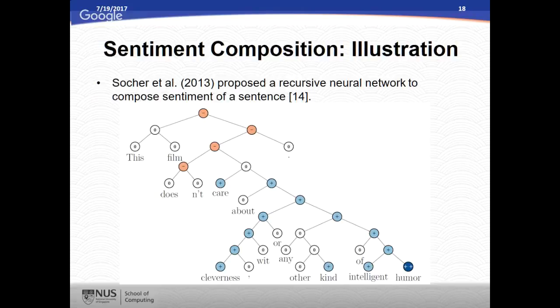If you are using some kind of rules, like if negation is followed by a positive word, then change the polarity, that might not work in this case, because this not is far away from intelligent humor. But if you have a dependency parse tree like this, then you should be able to understand that at the root, it is actually negating the whole sense of intelligent humor.